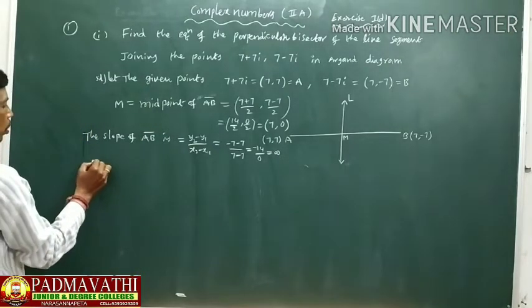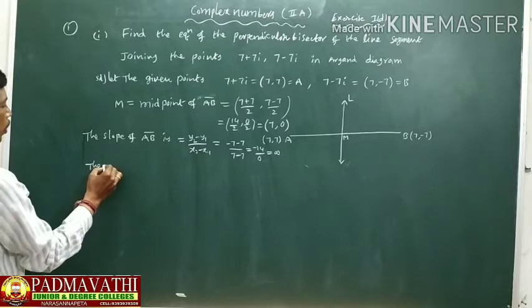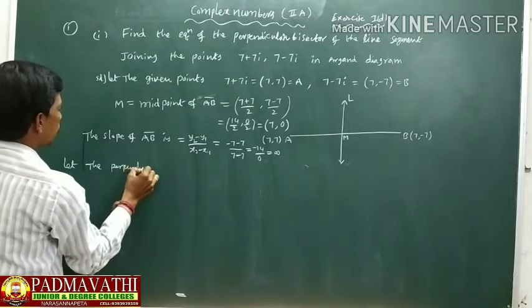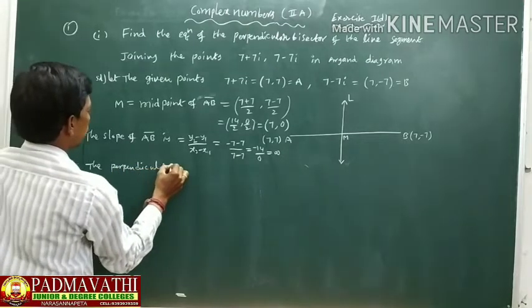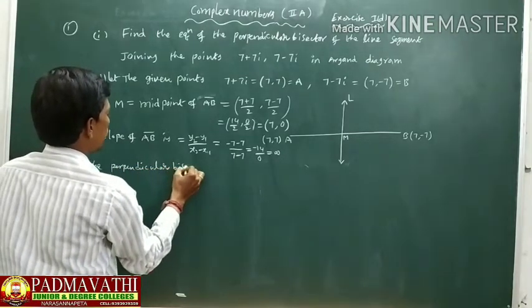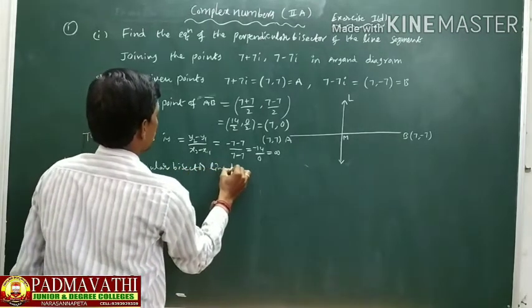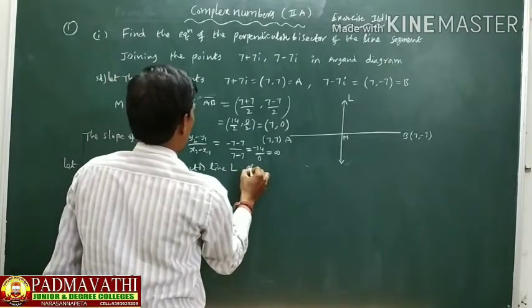So, the perpendicular bisector line, let the line L be perpendicular to AB.